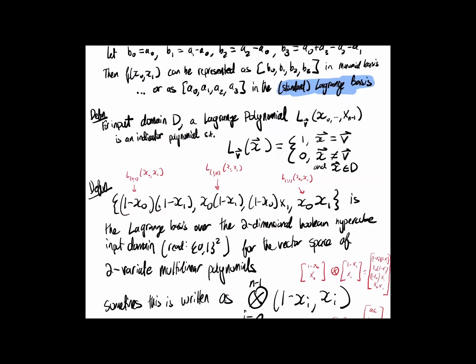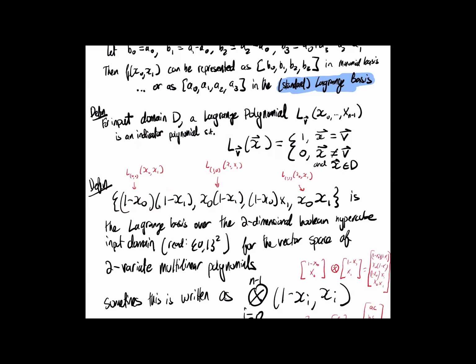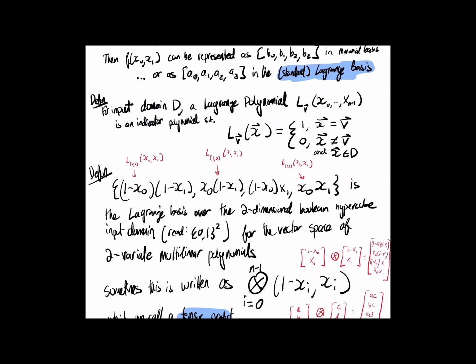If x0 and x1 are each 0 or 1, this evaluates to 1 if and only if x0 and x1 are both 0, and it evaluates to 0 otherwise. Similar here. Similar here. Cool. So sometimes this is written as what we call a tensor product.